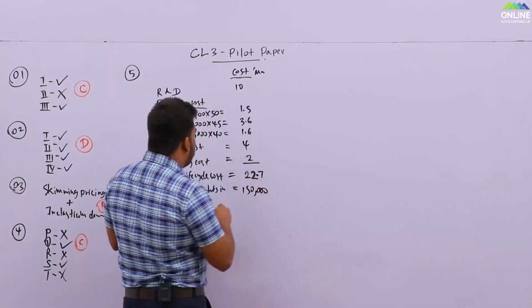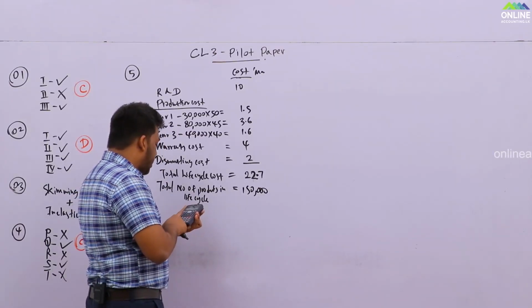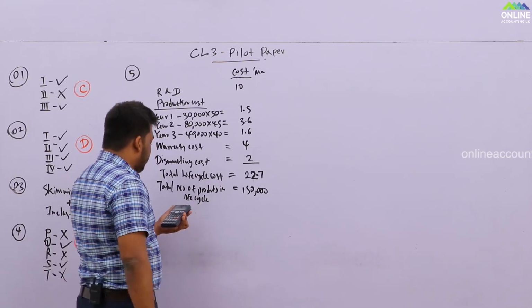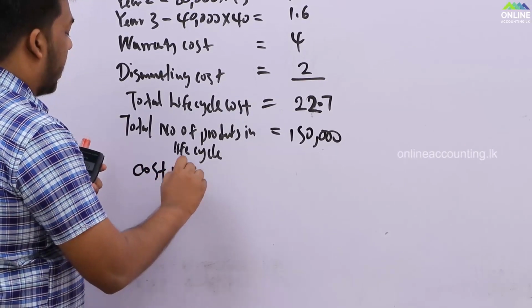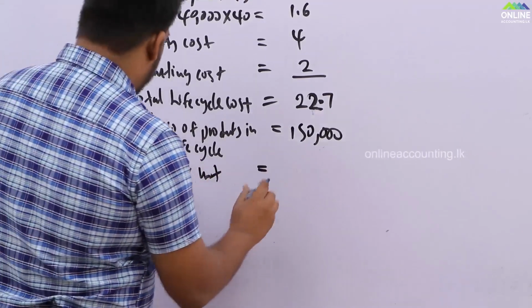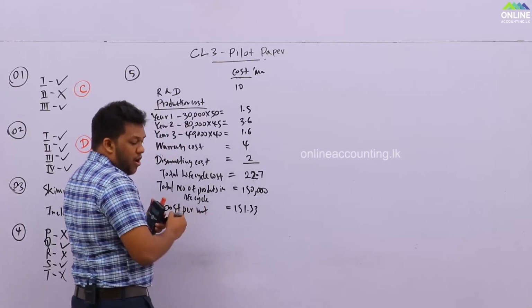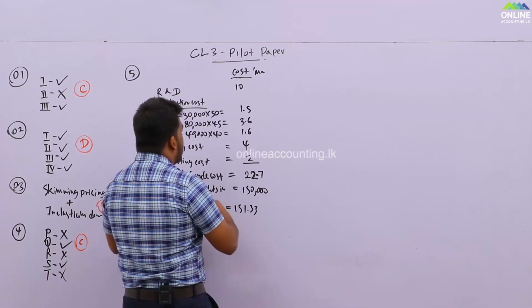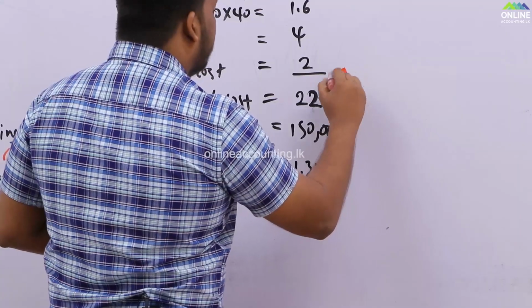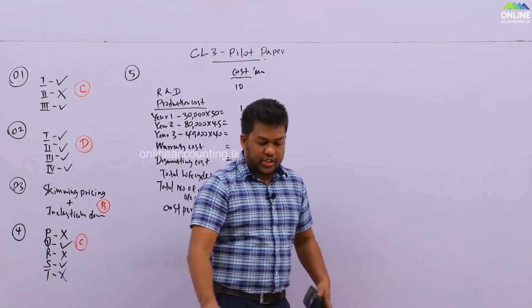So 22.7 million divided by 150,000, that is the cost per unit you are getting, 151.33. They are asking for the nearest rupee, that is 151. The answer should be answer A. Right?